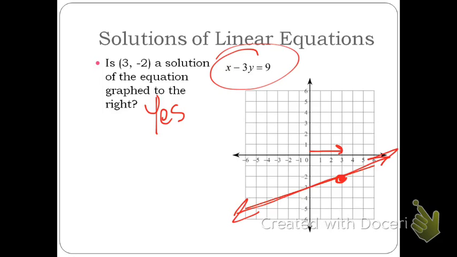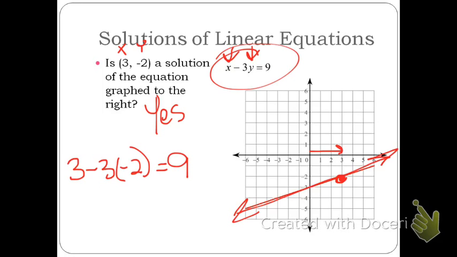But even if we didn't have the graph to check to see if it was a solution, what you would do is, if the coordinate is 3, negative 2, that 3 represents my x value, and the negative 2 represents my y value. I could replace the x and the y in my equation with the coordinates. So x is equal to 3, minus 3 times y is equal to negative 2, is equal to 9.